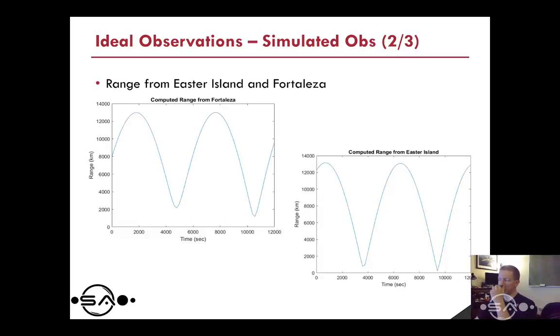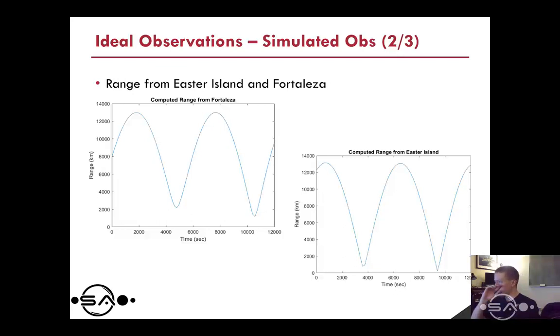I'm going to show you some horizon charts or sky plots in the next lecture. But for right now, we're just going to use the range all the way out. I went up to about 12,000 in order to make sure that we got the two passes that we saw, to replicate what was happening in the book and give you an example for class.